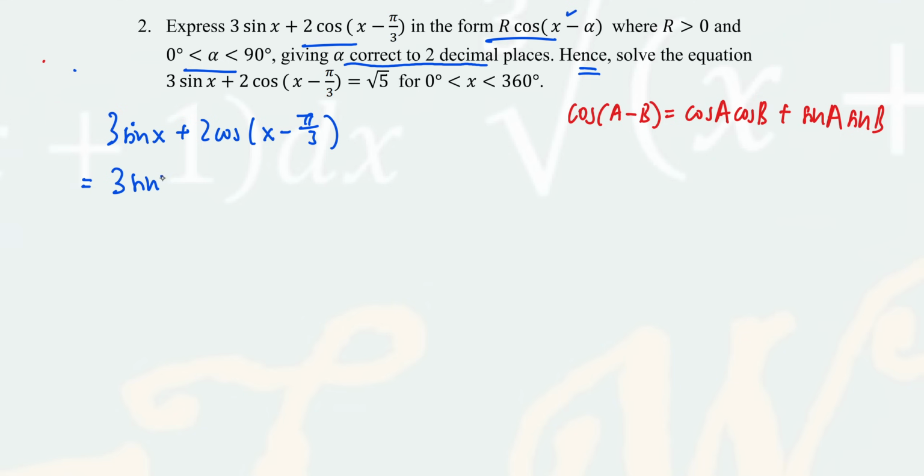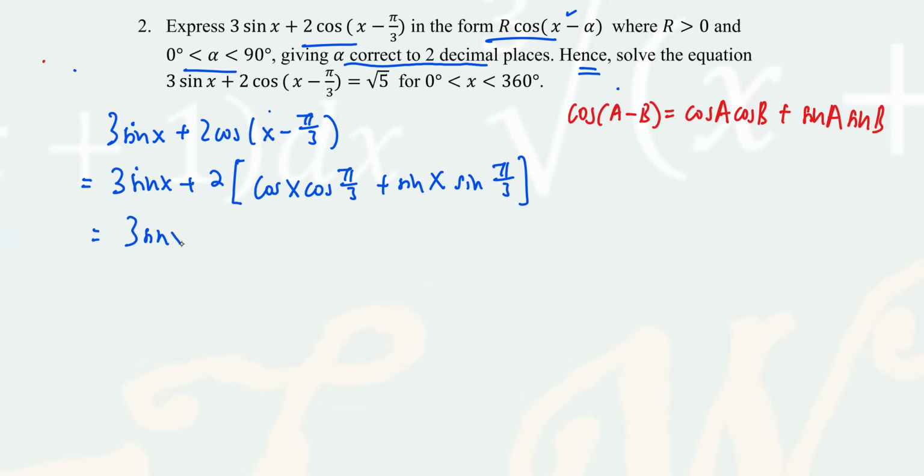This is 3 sine x plus 2. So now my A is x, my B is pi over 3. Therefore, it is cos x cos pi over 3 plus sine x sine pi over 3. Now we simplify first. So 3 sine x plus 2 cos pi over 3 is actually half.